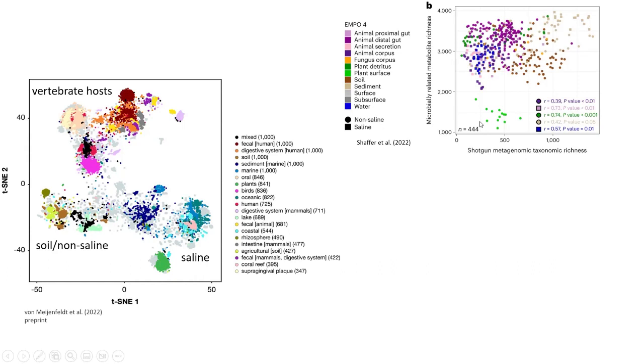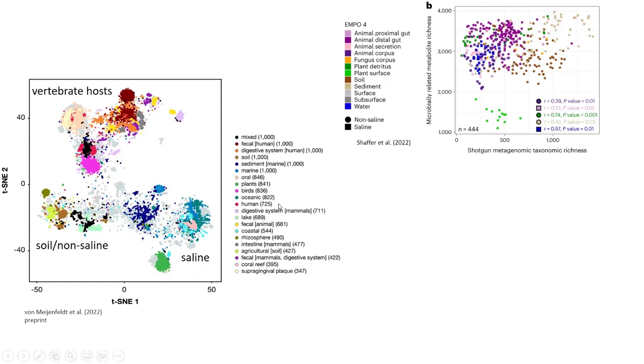And even here you see there's a characteristic value. Some biomes have a characteristic number of bacteria and number of metabolites. So this again makes the case for this niche view.